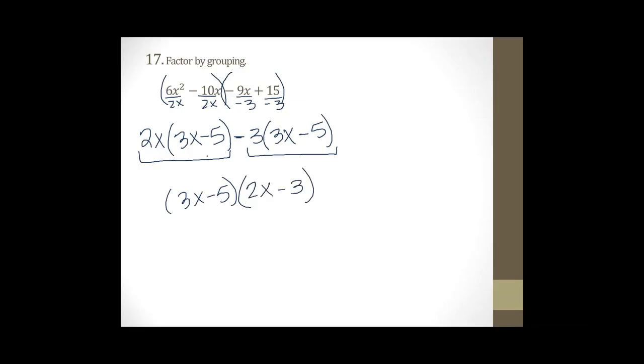So we basically factored out 3x minus 5 and wrote it down, and when we factored it out, we were left with just 2x minus 3. So this is our final answer. We factor by grouping. And remember, you can always double check your factoring by multiplying your factors back together, and you should get the original problem that we started with.